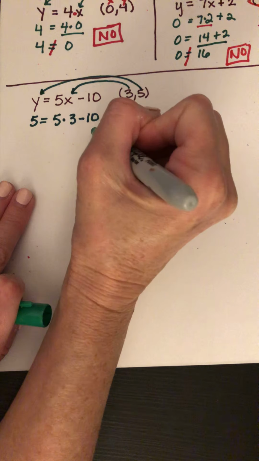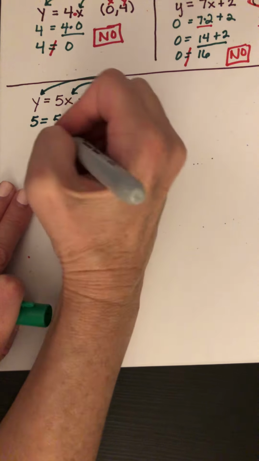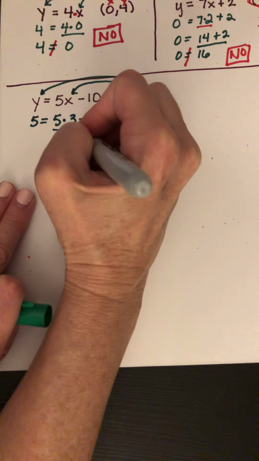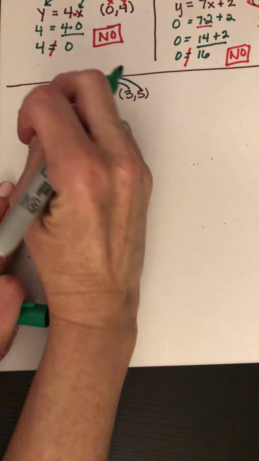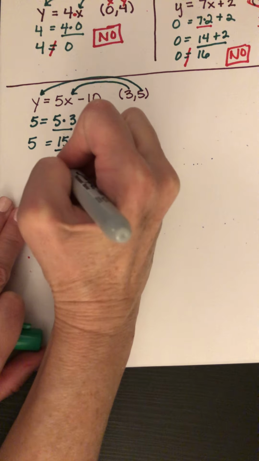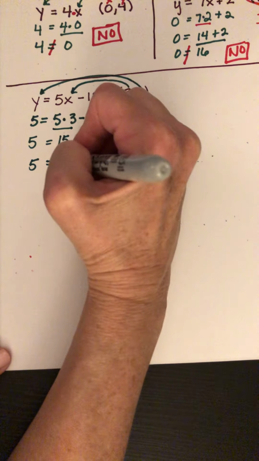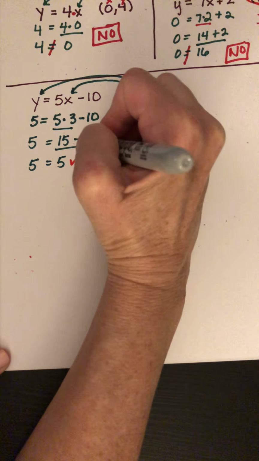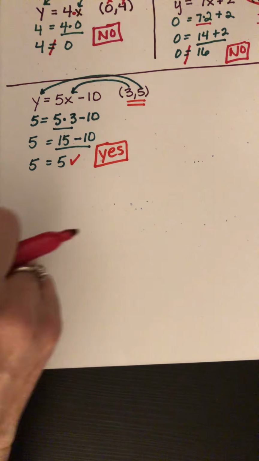I have multiplying and subtracting. Using PEMDAS, I'm going to multiply first. 5 times 3 is 15. 15 minus 10. I'm just carrying this straight down. Now 15 minus 10 is 5. And 5 equals 5. Yes, it does. It checks. So my answer is yes. (3, 5) is a solution to this.